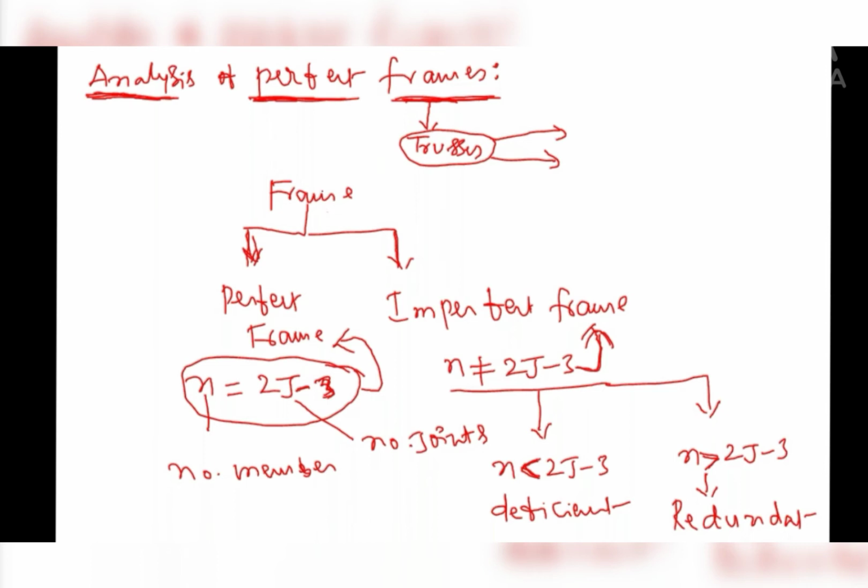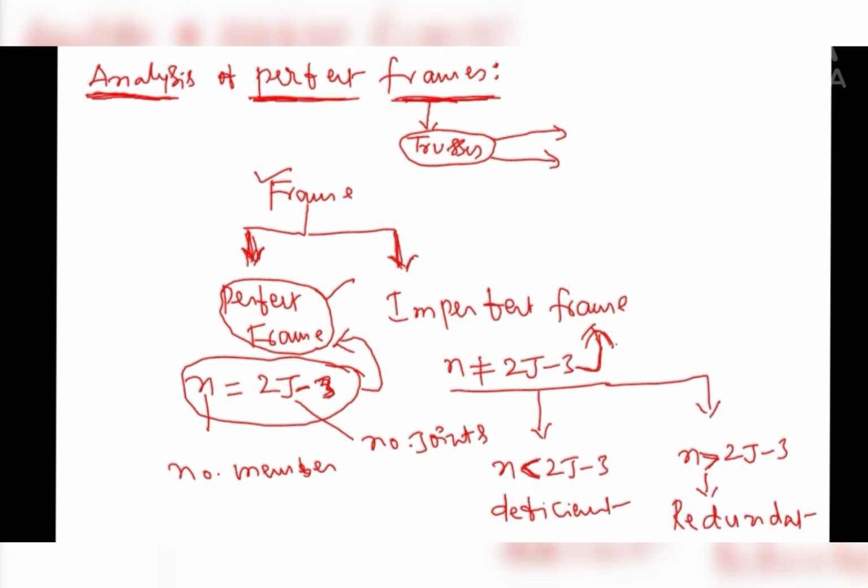So basically, frames are of two types: perfect frame and imperfect frame. What is a perfect frame? When a frame satisfies the equilibrium equation n is equal to 2j minus 3, we will call that frame a perfect frame.